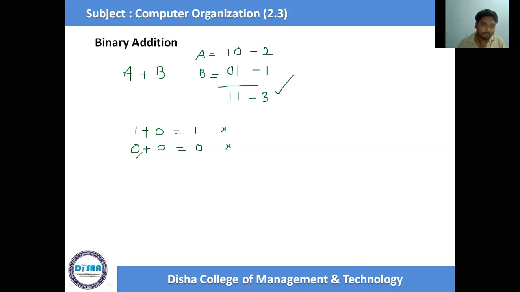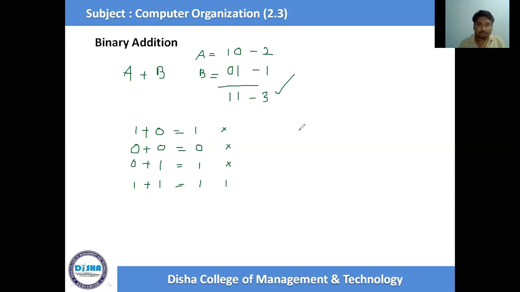If we add 0 plus 1, then the result is 1 but there is no carry. If we add 1 plus 1, the sum is 0 and carry is 1, which we have already discussed in our last classes, in full adder and half adder.